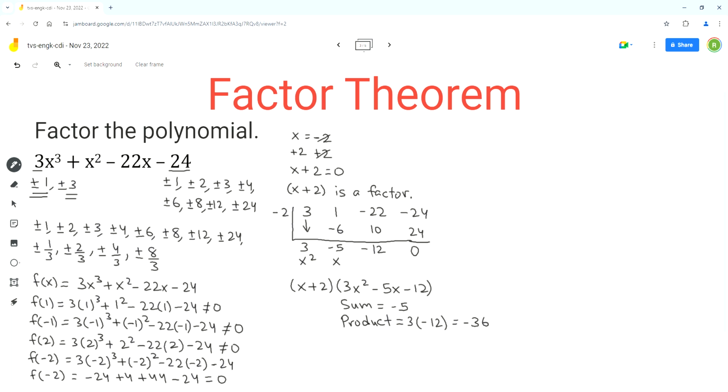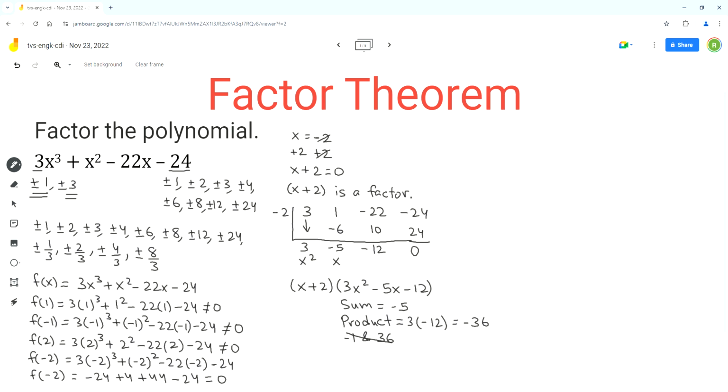To find the two numbers, we should analyze the product number. So the first pair of numbers that comes to my mind that multiply to negative 36 is negative 1 and 36. But we cannot get a sum of negative 5. So this pair is out.